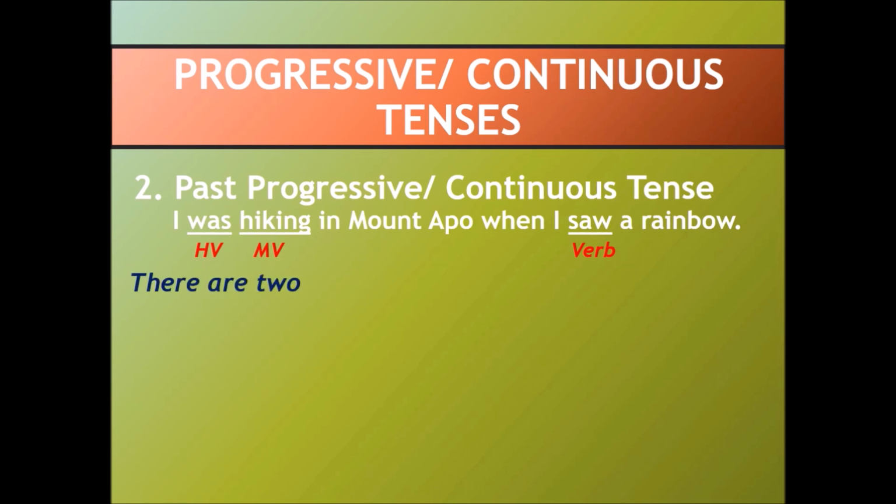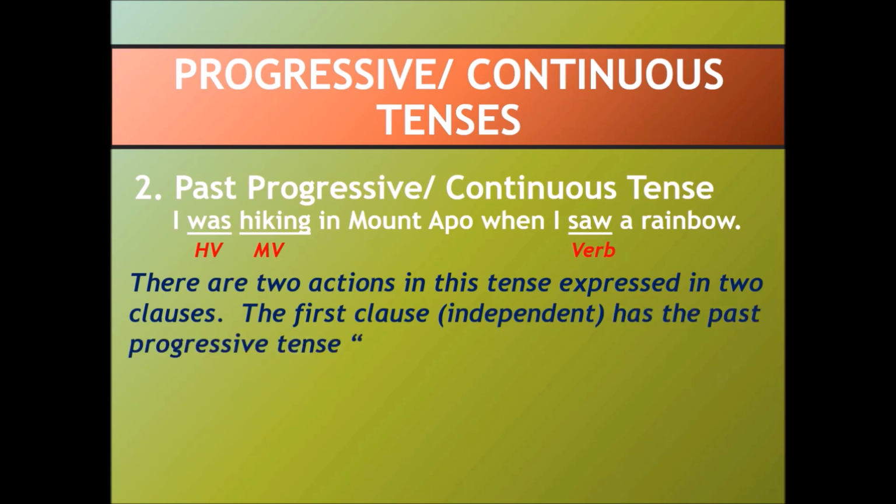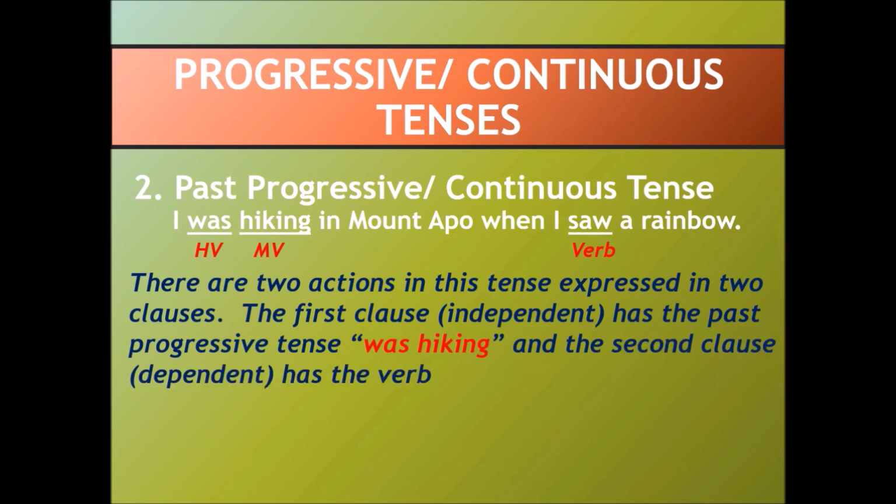There are two actions in this tense expressed in two clauses. The first clause, independent, has the past progressive tense was hiking, and the second clause, which is dependent, has the verb saw in simple past tense.